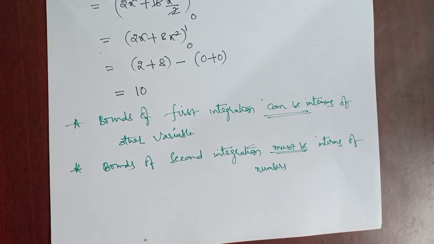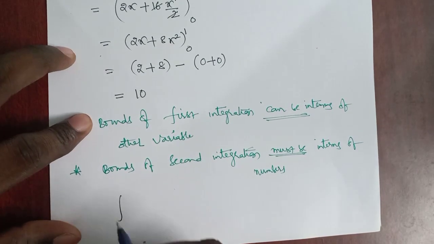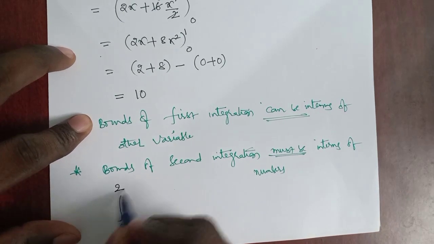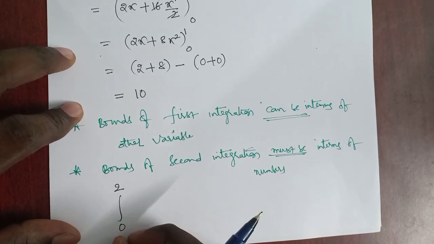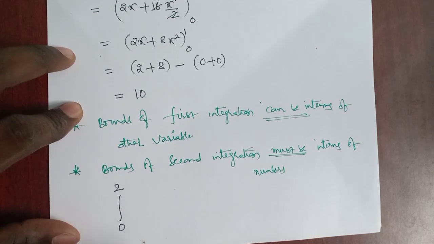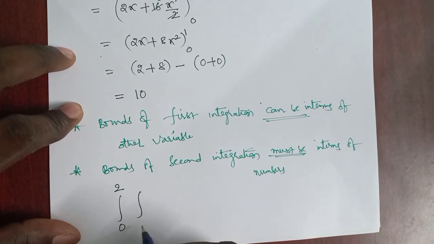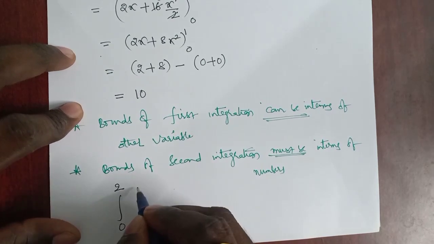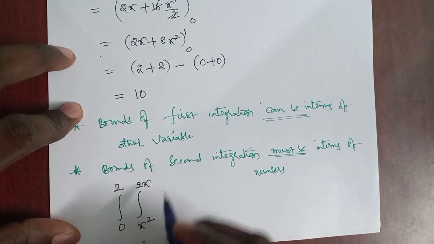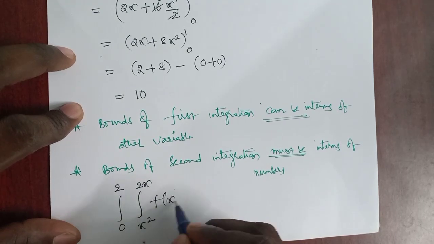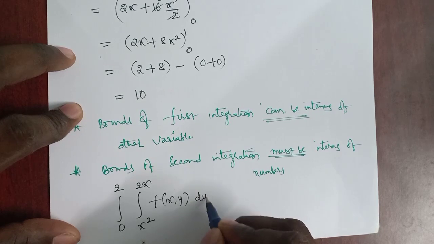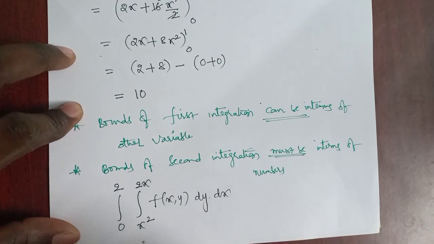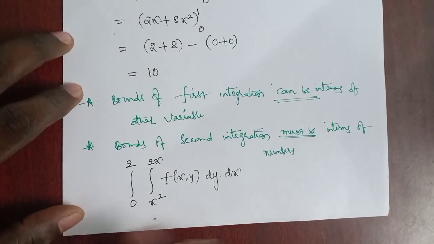For suppose the problem is just like this: 0 to 2. So the bounds of the second integration must be numbers, and the first integration is x square to 2x, and the function is f of x comma y, dy dx. So it should be like this.